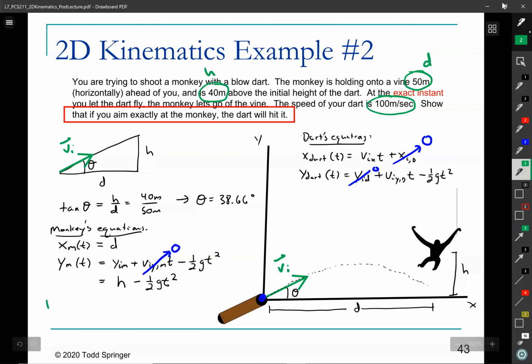What's our plan? First thing I'm going to do is find the time it takes for the dart to travel a distance d. It was 50 meters. Then I'm going to find the height of the dart at that time.